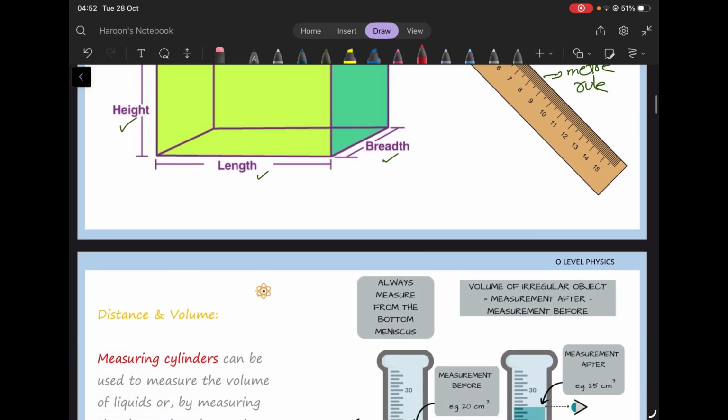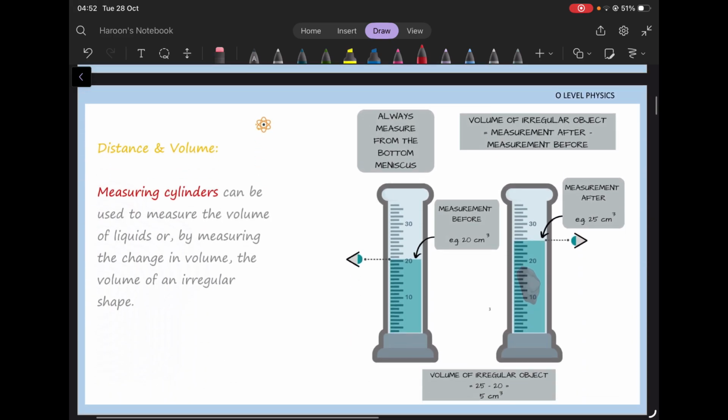But sometimes we have irregular shapes. So for example, let's say I have a stone, and the examiner asks, I can't recognize the shape over here. This is neither a sphere nor a cylindrical shape, cuboid, cube, none of the regular shapes, right? So for irregular shapes, we use a method known as displacement of water.